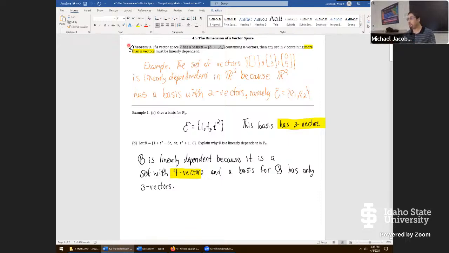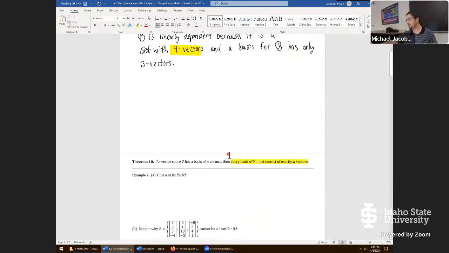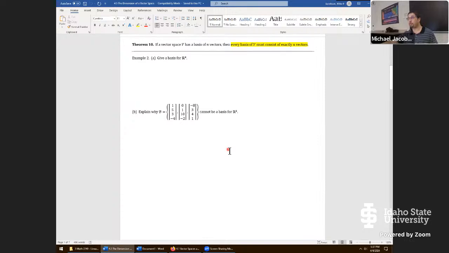It also allows us to compute things really, really fast. For example, the moment we put down a standard basis for P2 with 3 vectors, we know automatically that's linearly dependent because it had 4 vectors. So that's theorem 9 in action. So now getting a step closer to defining dimension, here's the real theorem that we want.